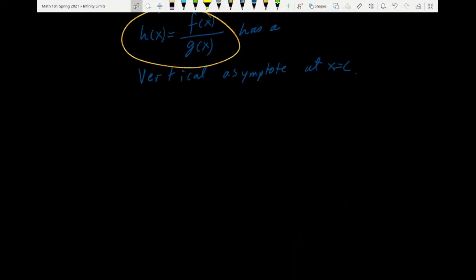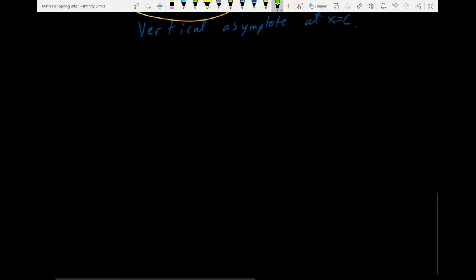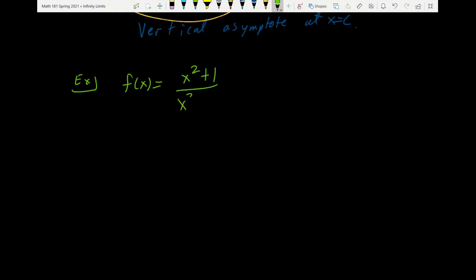As you go higher and higher in math, you're going to see this formal definition, which is supposed to confuse you guys, but that's what it means. Here's another example: f of x equals x squared plus 1 over x squared minus 1. If you simplify it, it becomes x minus 1 over x plus 1.